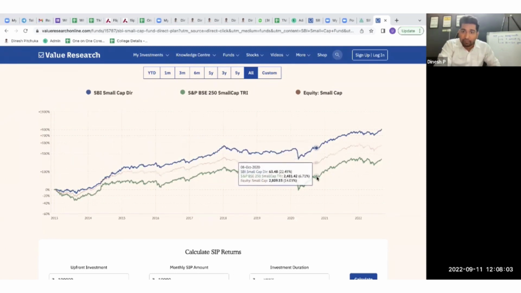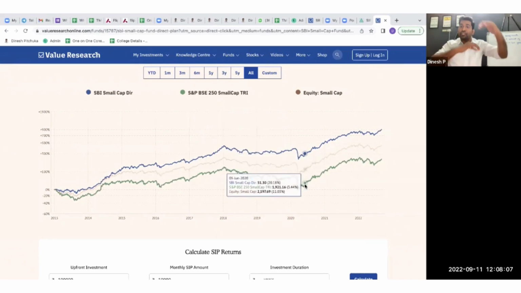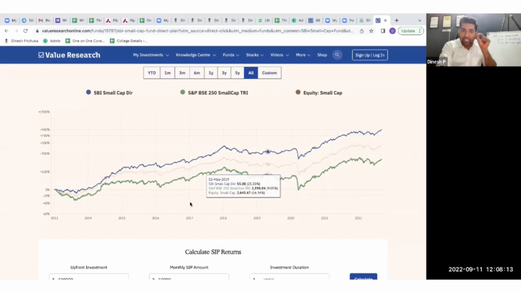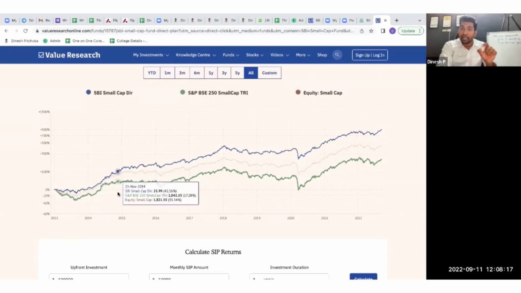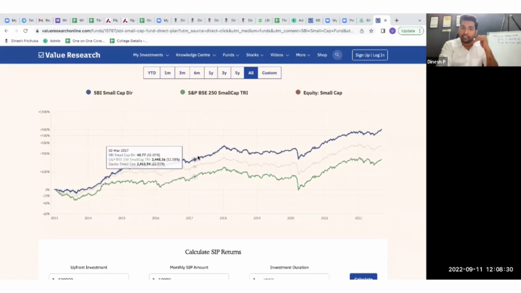And then the benchmark BSE 250 is here. That's a huge difference between the benchmark and our fund. When the fund is performing consistently over and above the benchmark, it means that the fund manager is the major reason why it is performing well. It is performing extraordinarily, way beyond expectations on the benchmark. Benchmark is here, whereas this is here.